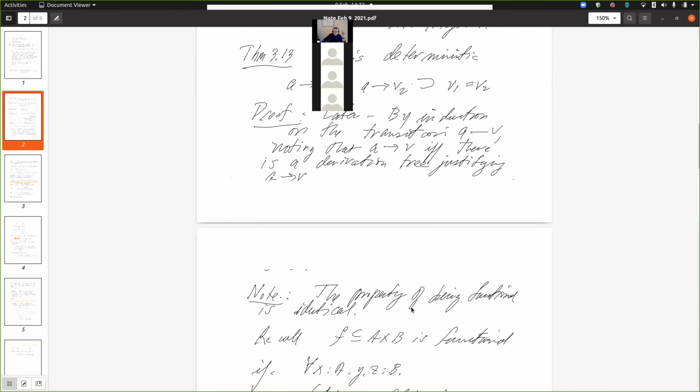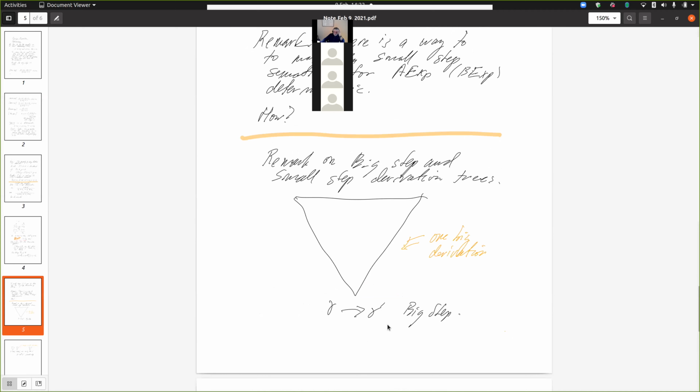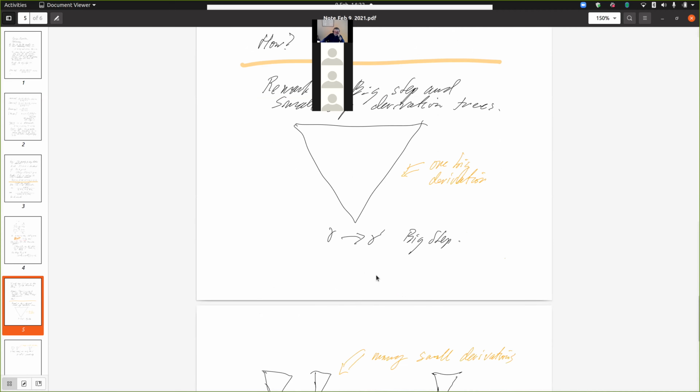So let me go down here because I have this remark that's pretty good to think about: if I'm using big step semantics to show that gamma goes to some gamma prime, then there's one big derivation that eliminates all the program part of this and returns just a number.